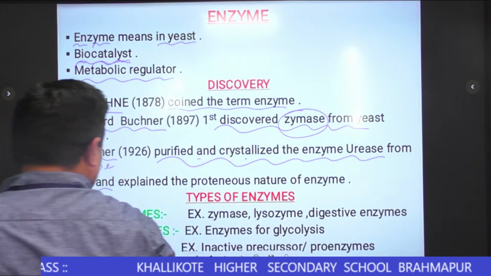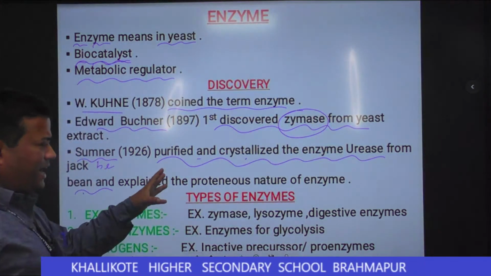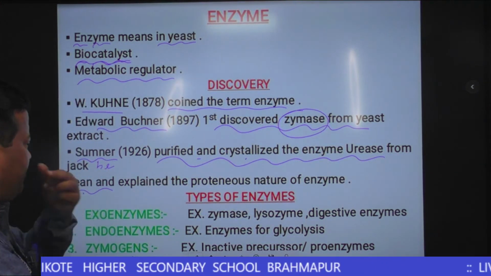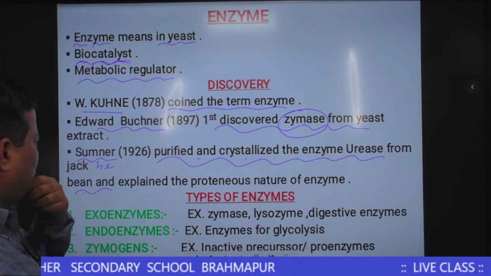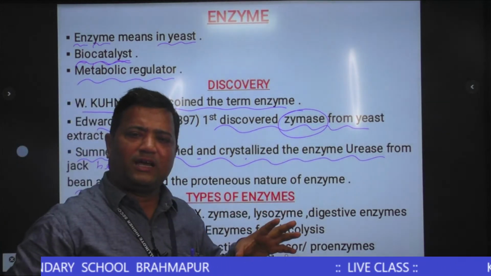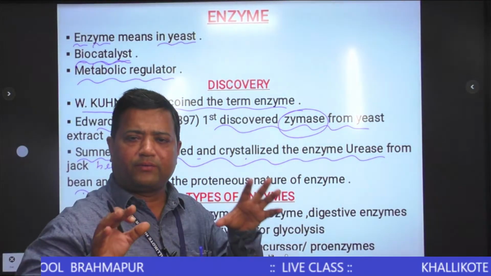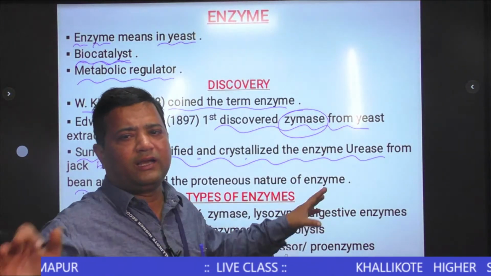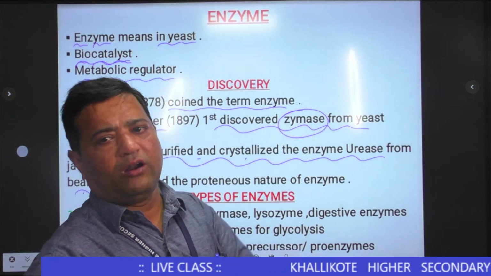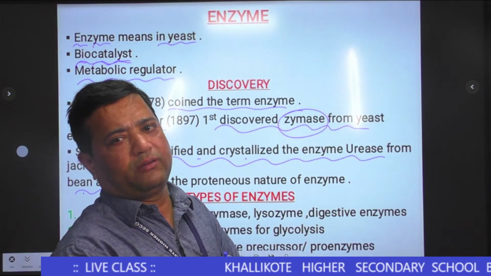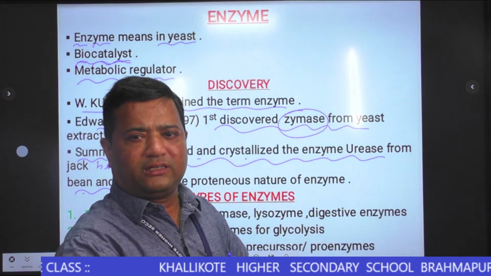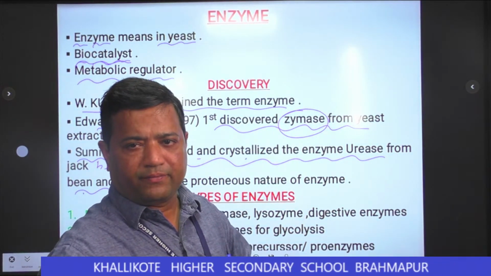Then comes types of enzyme. We know most of the enzymes are proteins, but all enzymes are not protein, and all proteins are not enzymes. You remember, most of the enzymes are protein.